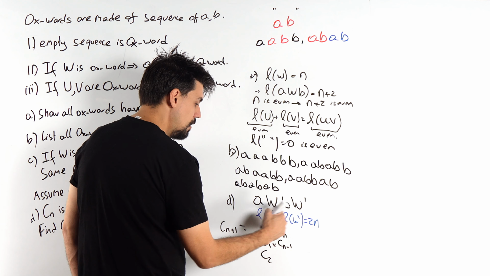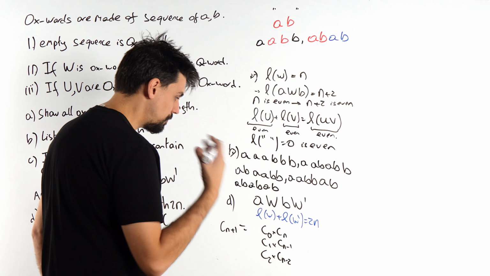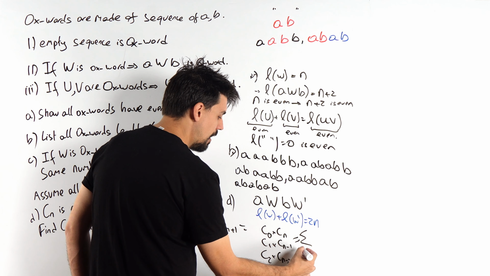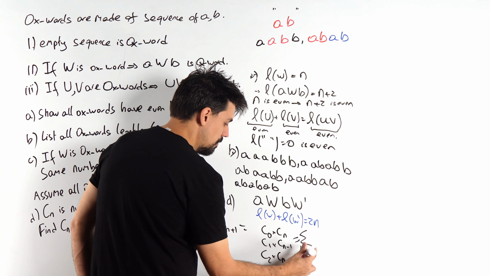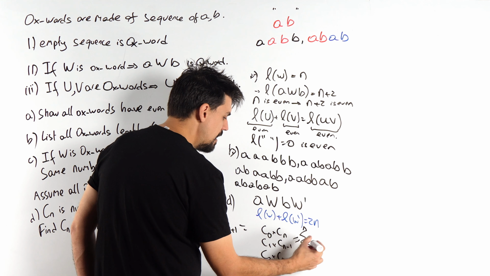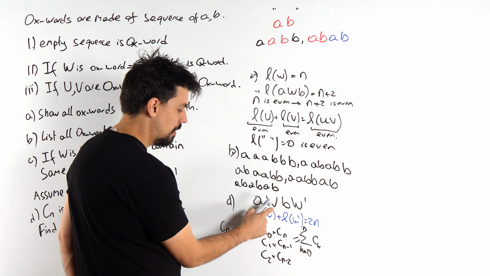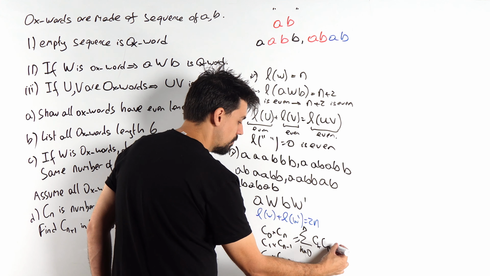I could have C2 for this one, Cn minus 2 for that one. We're going to use a bit of sigma notation here, so we're going to add up k equals 0 to n, Ck, so that one will have k options, that one will have n minus k options.